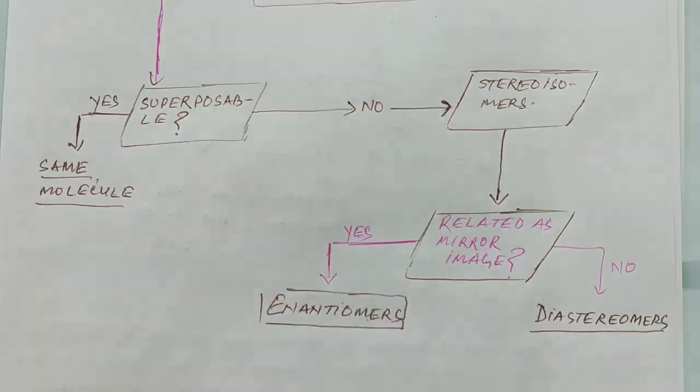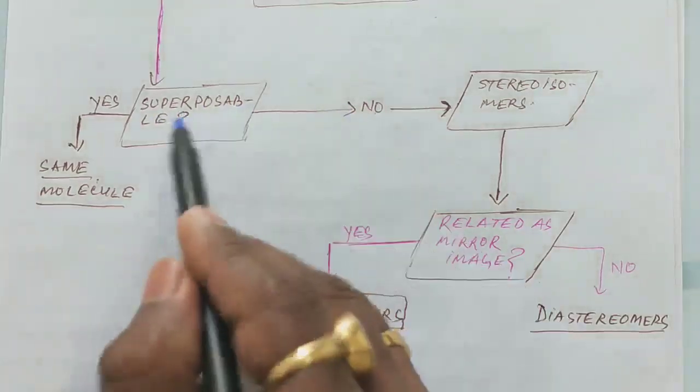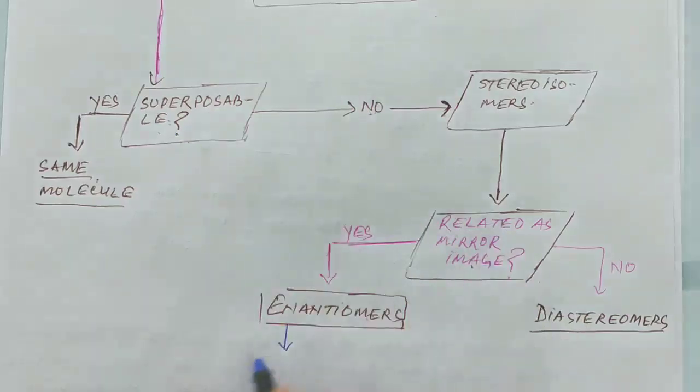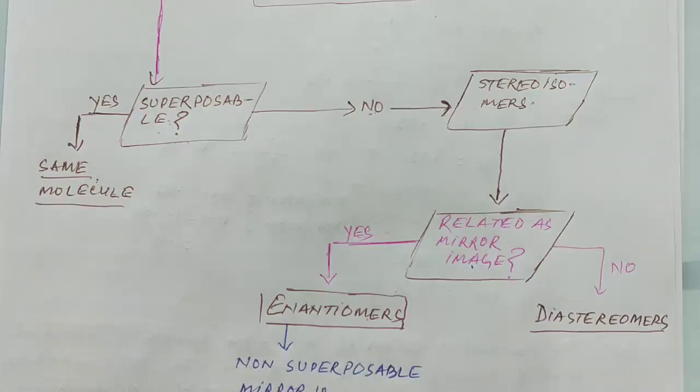So how are the enantiomers defined? The enantiomers are defined as non-superimposable mirror images of each other.